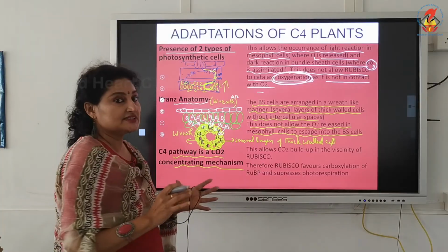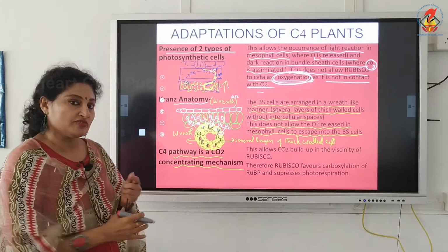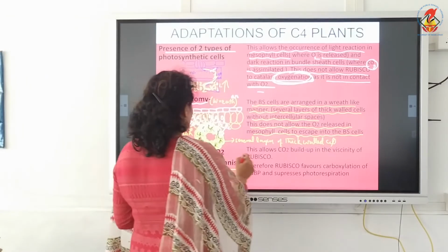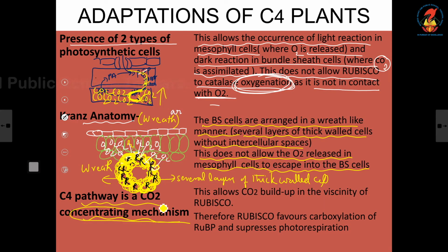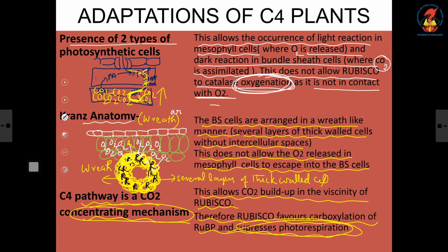Where? In the bundle sheath cell, that is in the vicinity of rubisco. So the C4 pathway is a concentrating mechanism. It builds up carbon dioxide concentration. This allows carbon dioxide build up in the vicinity of rubisco. Therefore, rubisco favors only carboxylation and suppresses photorespiration.